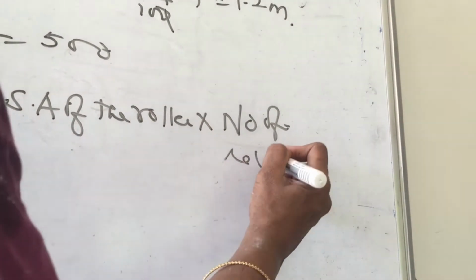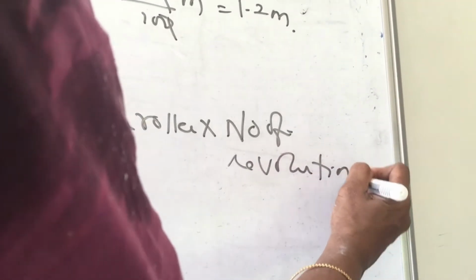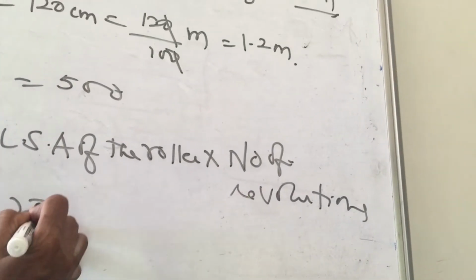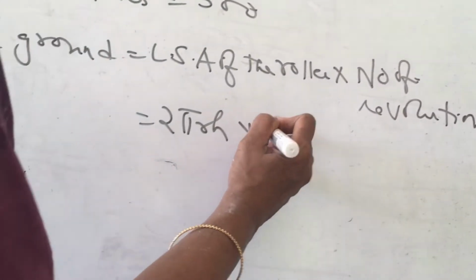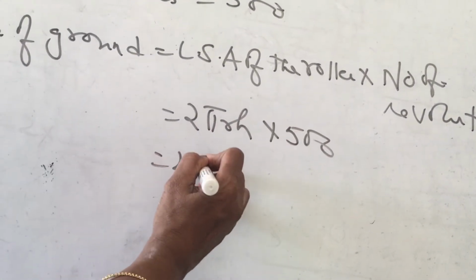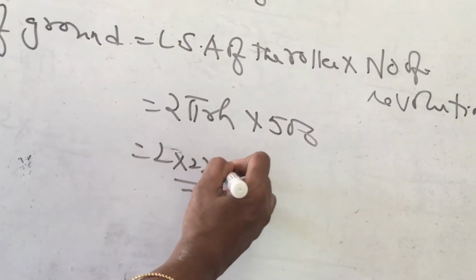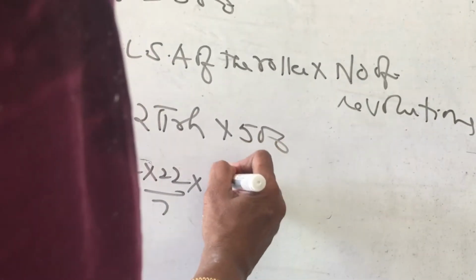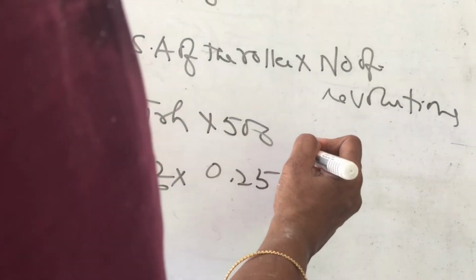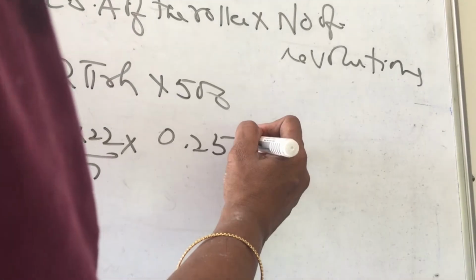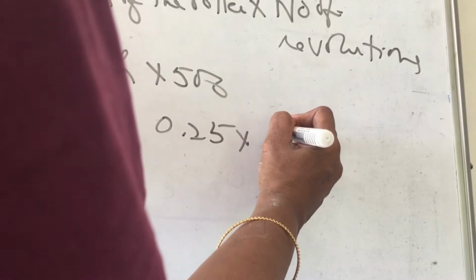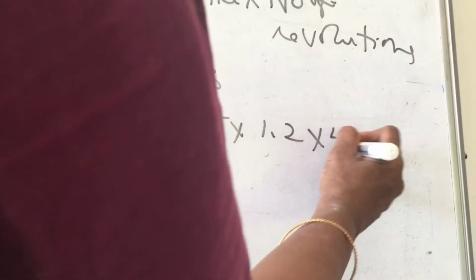That is 2 pi r h into 500. Substitute your values, children. R is how much? 0.25. H is how much? 1.2, into 500.